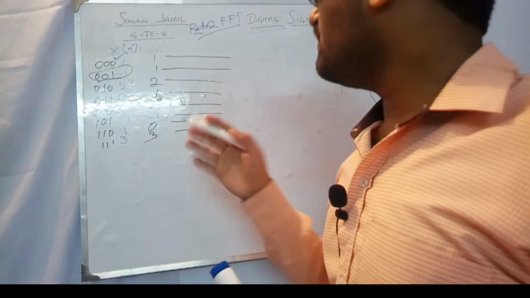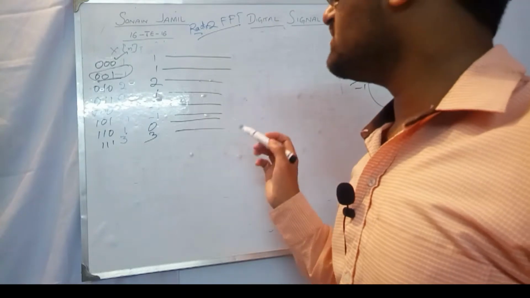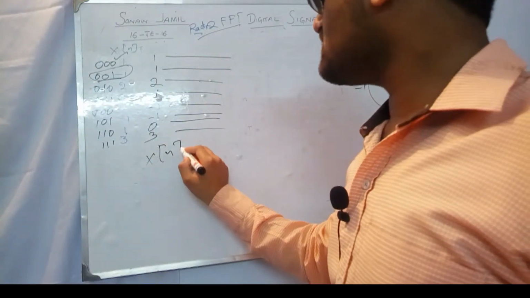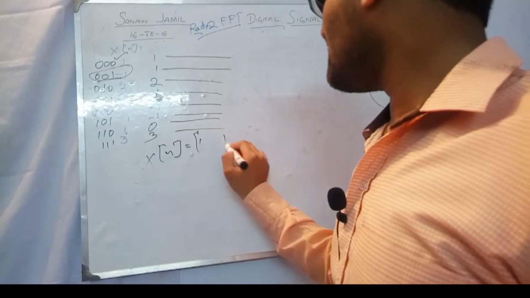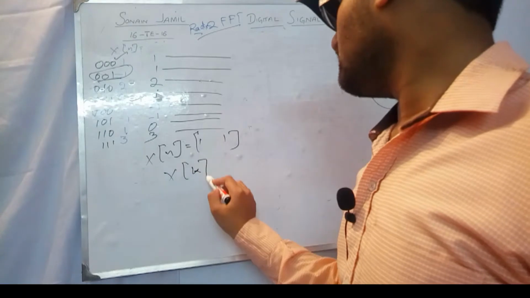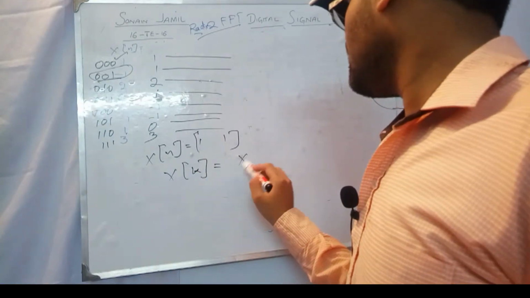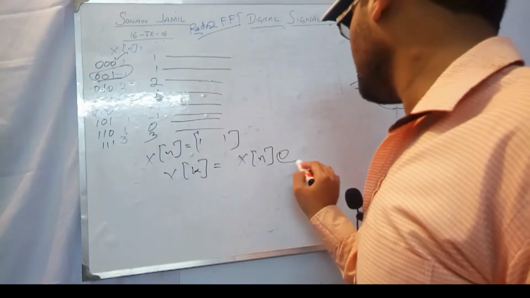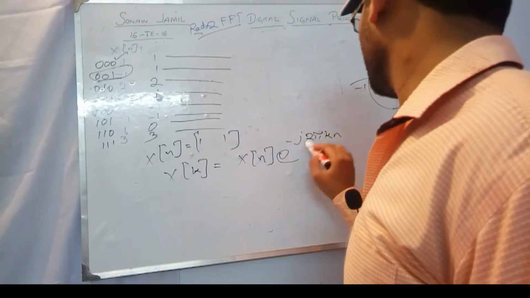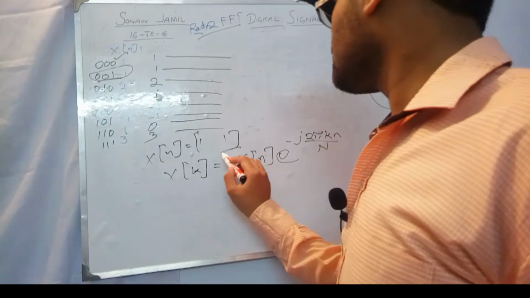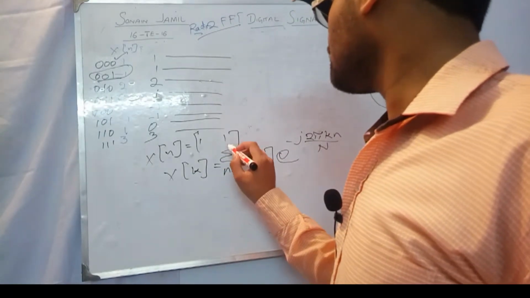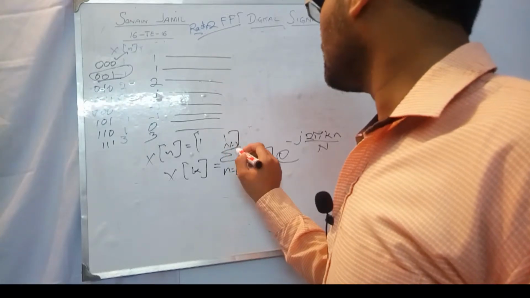If we want to apply this 2-point DFT into these two, suppose x of n is equal to 1, 1, and we have just x of k is equal to the sum of x of n e power minus j 2 pi k n over n, n from 0 to n minus 1.